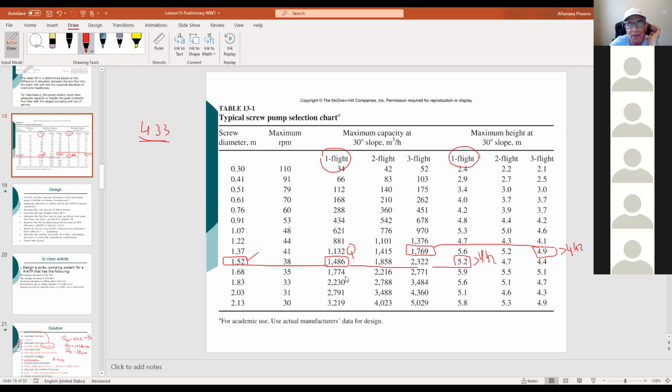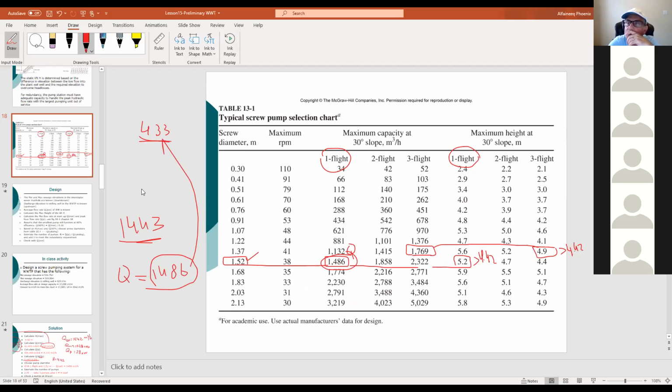Okay. Now, don't forget that you are not working anymore with the 1443. You choose a pump, and this is the catalog. Q equals 1486. All right. So one pump gonna give you this flow, but it will give you this flow at minimum.